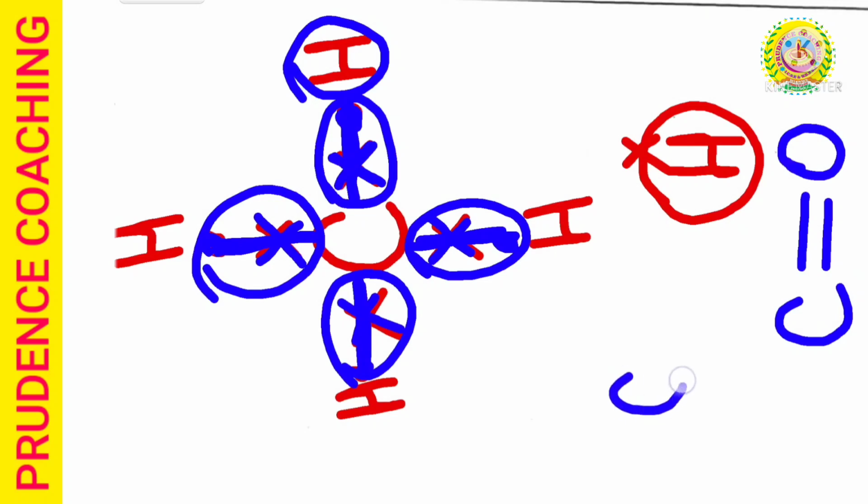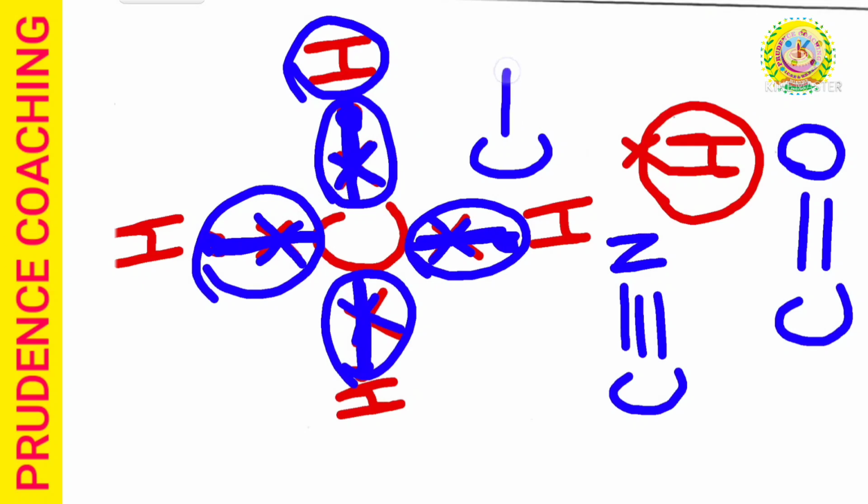Similarly, carbon can form covalent bonds with nitrogen to form its octet. Similarly, carbon can form covalent bonds with other carbon to form its octet. How? Here 4 electrons of carbon will be shared with 4 electrons of carbon. So these are the ways it can attain stability.